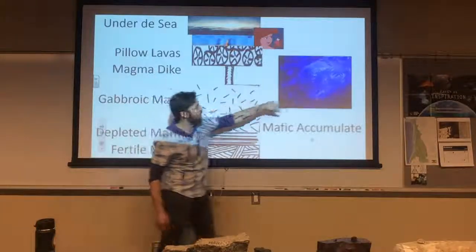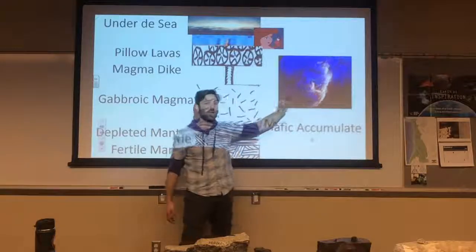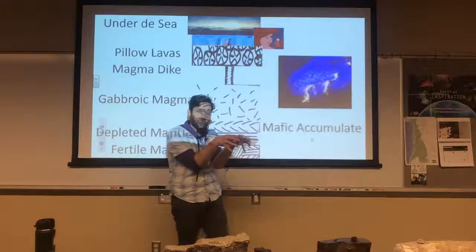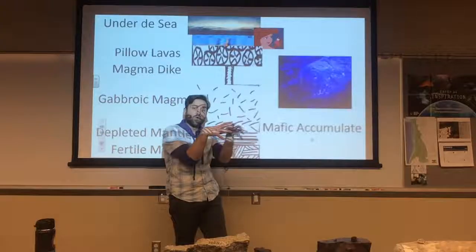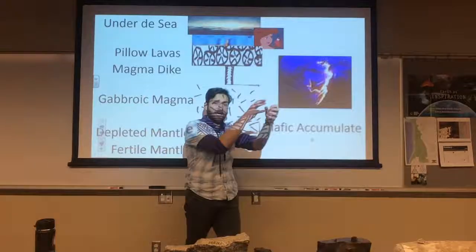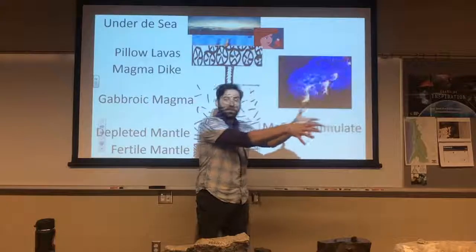And here's a nice little animation, or a nice little GIF that shows one of these pillows forming off the coast of Hawaii. The lava, as it's flowing, the outside of it is cooling rapidly, but as the lava is flowing, it's forcing it to expand more and more and more, and it makes these really long tube-like features.